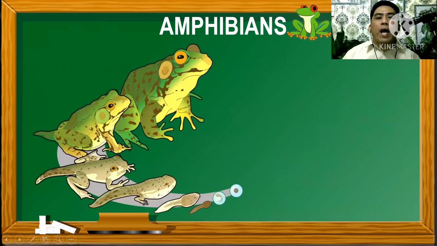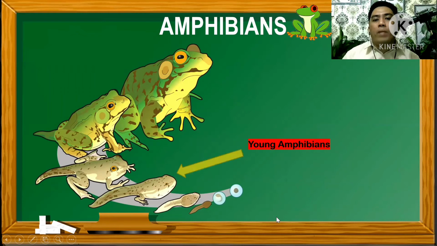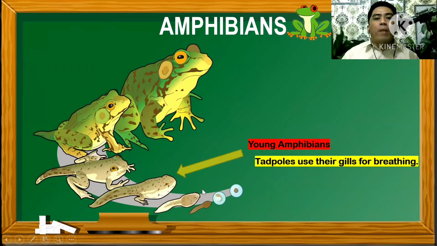Okay, so sabi nga nila, amphibians live a double life. Dalawa pala daw ang buhay ng mga amphibians. Okay. Kasi like this frog, when they are young, yung eggs nahahatch sa tinatawag nating tadpole. And ang tadpole or ang young amphibian or young frog ay merong gills for breathing and tails for swimming.